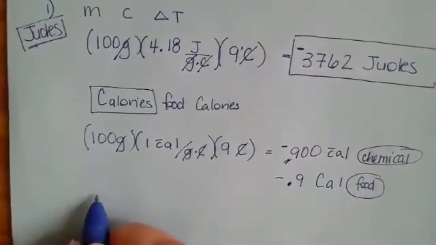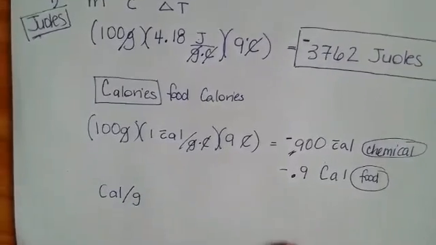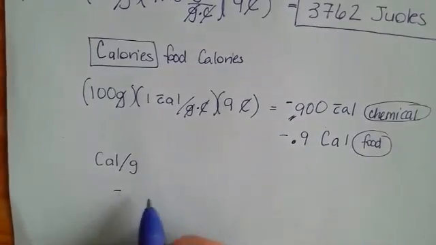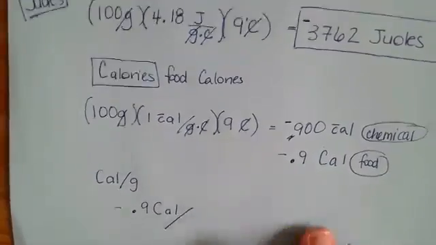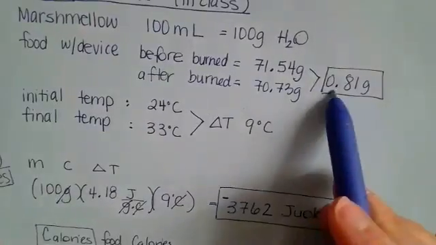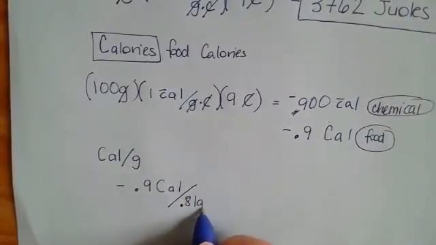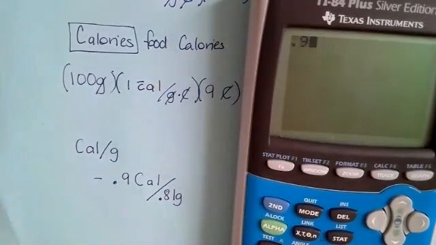And then it asks you to find the food calories per gram that we burned. Well, we have solved for food calories, 0.9 food calories, and let's look above. We burned 0.81 grams. Take my calculator, clear it out. 0.9 divided by 0.81.